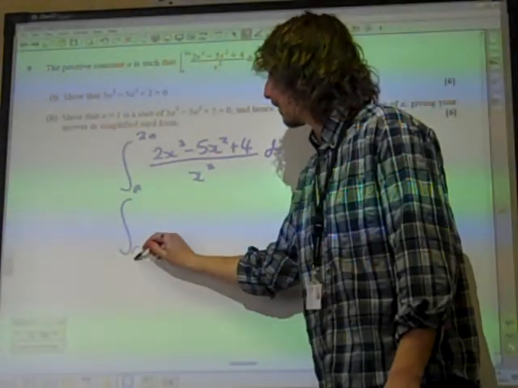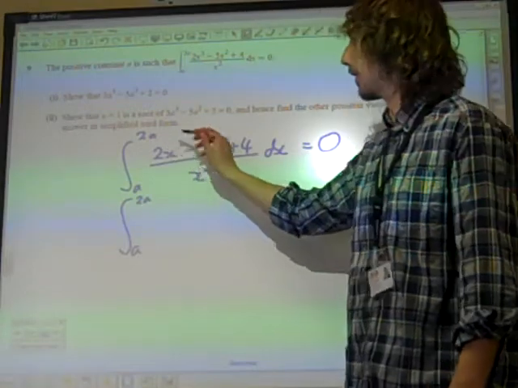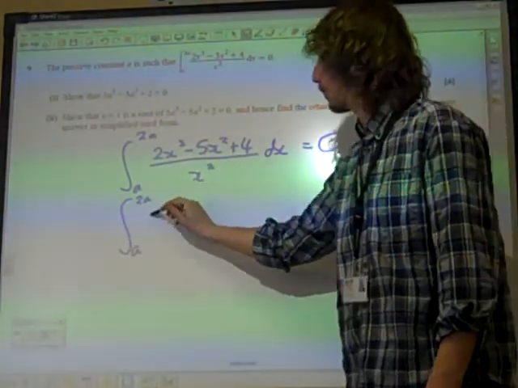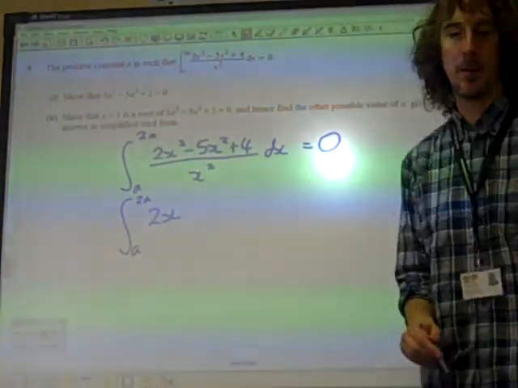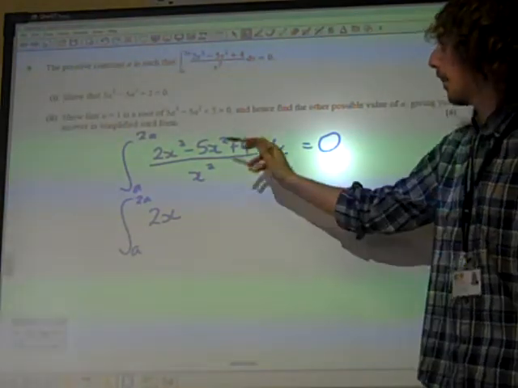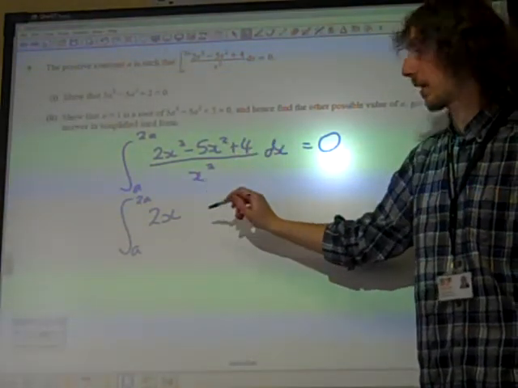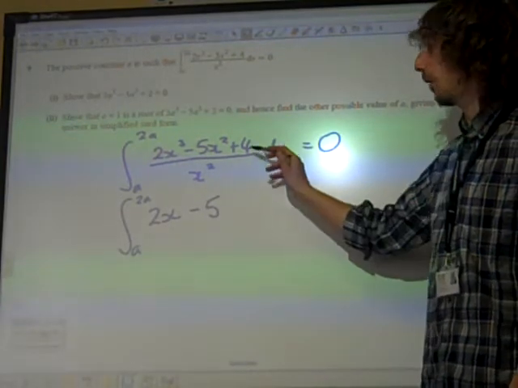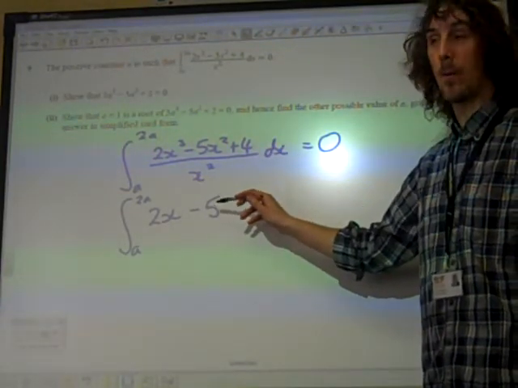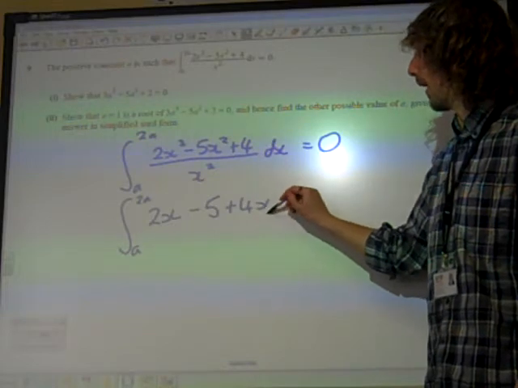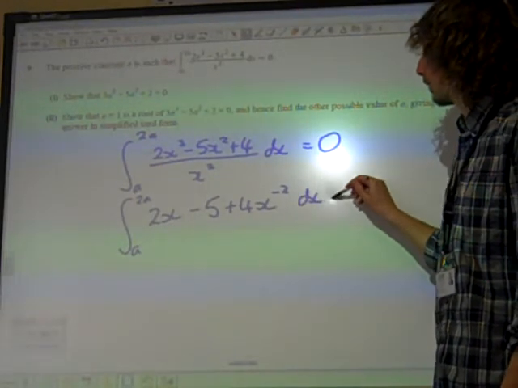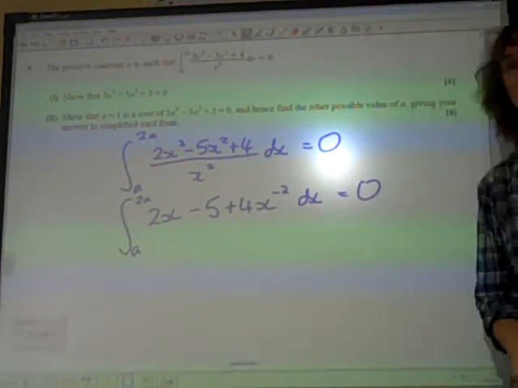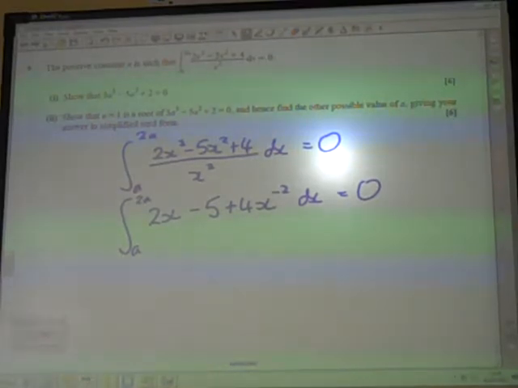Let's think about it instead as being 2x cubed over x squared, which just cancels down to be 2x, minus 5x squared over x squared, which just cancels down to be minus 5, and this is 4 over x squared, which I think I want to write as 4x to the minus 2. So I want to write it like that. Now I'm ready to integrate carefully.